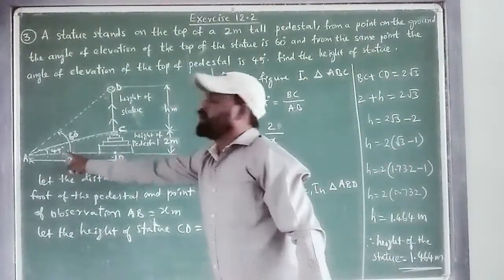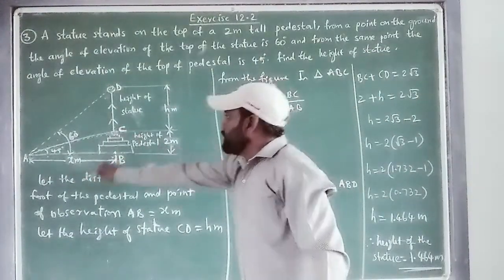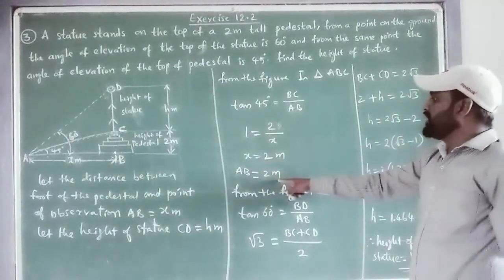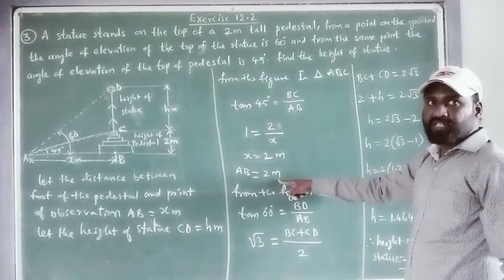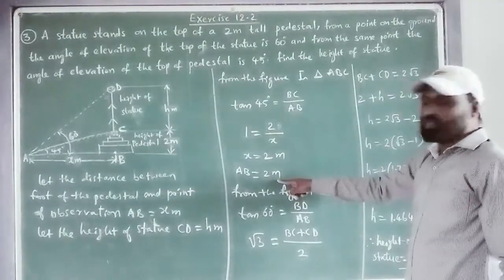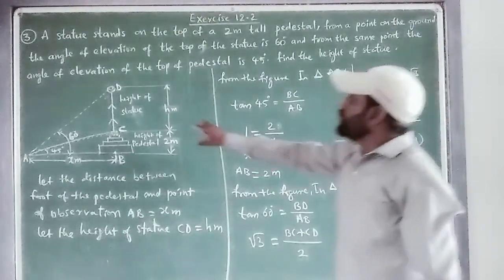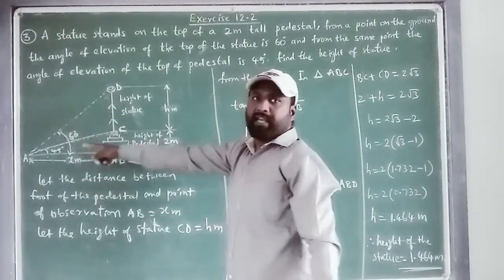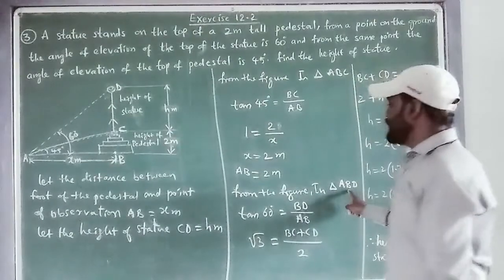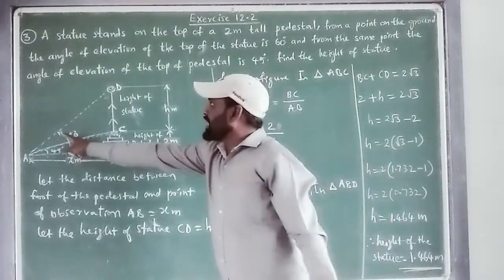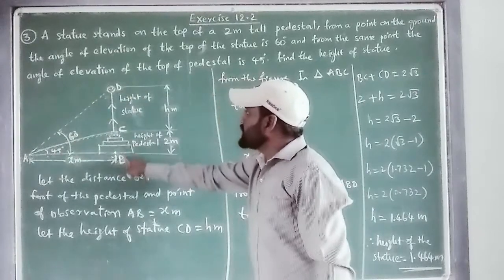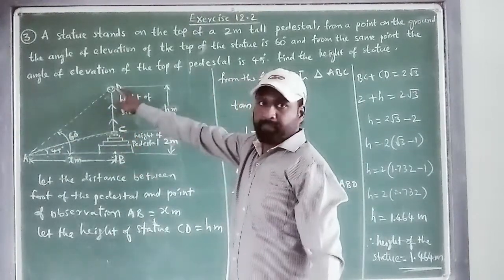So this is how, by using the trigonometric ratio tan 45, with the 45 degrees angle, opposite side BC by adjacent side AB, substituting the values by doing the cross multiplication, we got the distance between the point of observation to the foot of the pedestal, that is 2 meters. Next, to find CD, directly we cannot use it, we have to use the complete triangle ABD, with respect to the 60 degrees angle. With respect to this, the opposite side is completely BD.